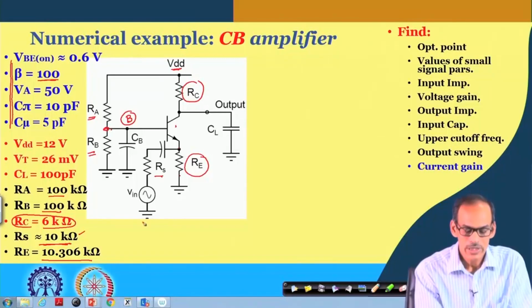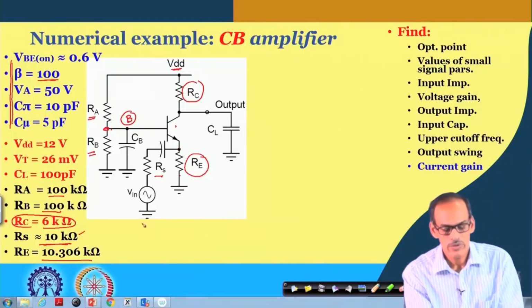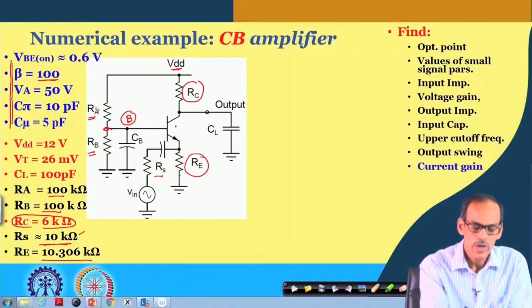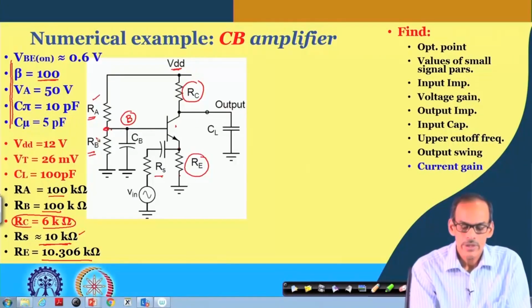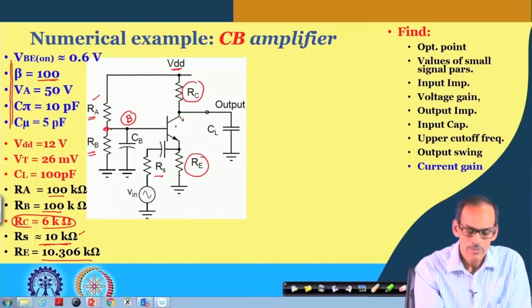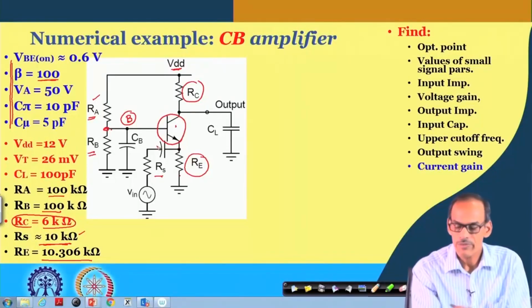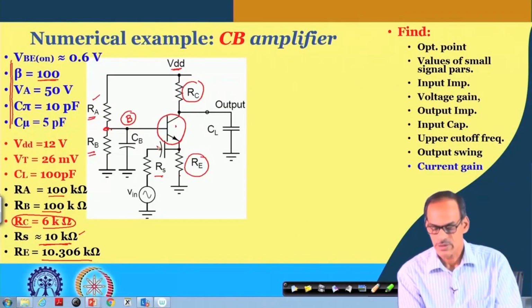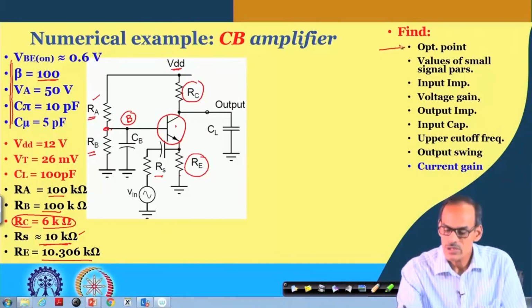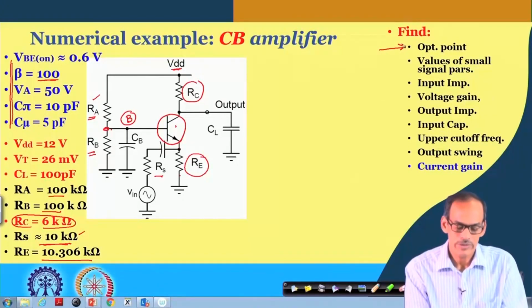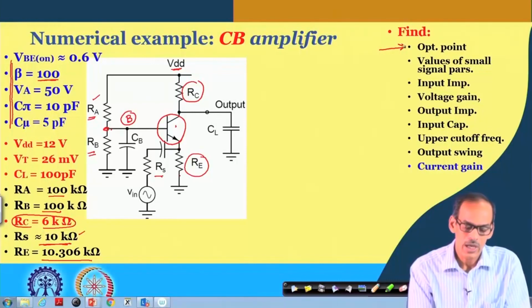In this numerical example, primarily what we are focusing on, as I said, is that we do have a practical bias circuit, and in case we have a practical bias circuit, how do I find the operating point of the transistor? So, let us try to see the operating point of the transistor by considering R A, R B and so on.